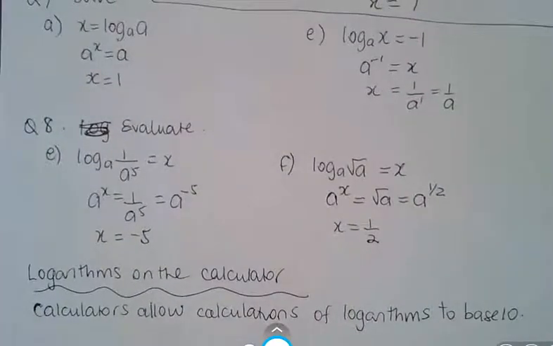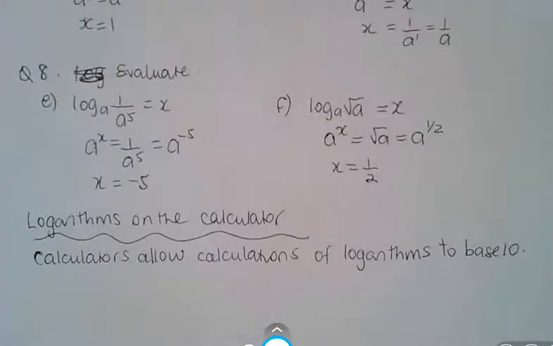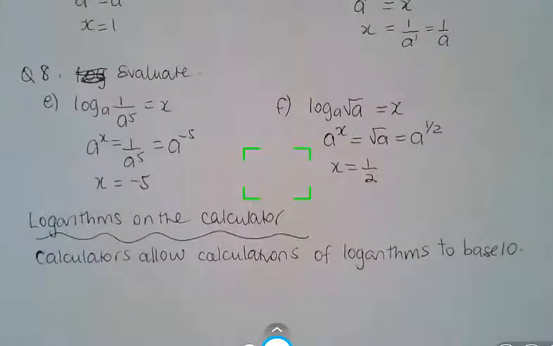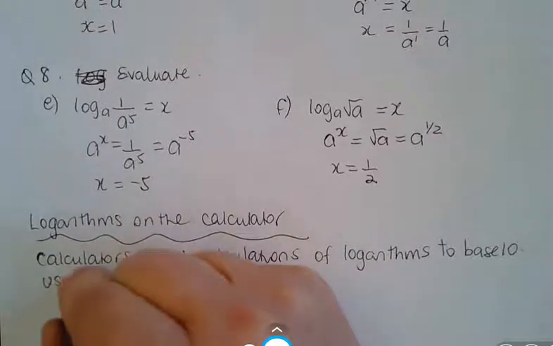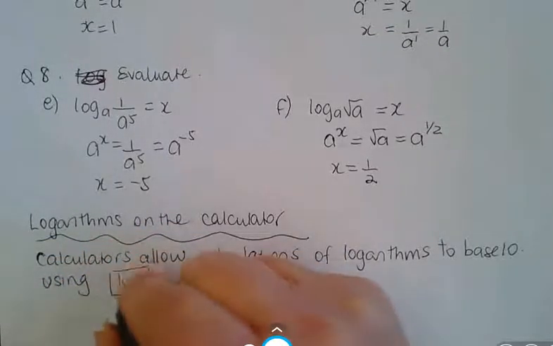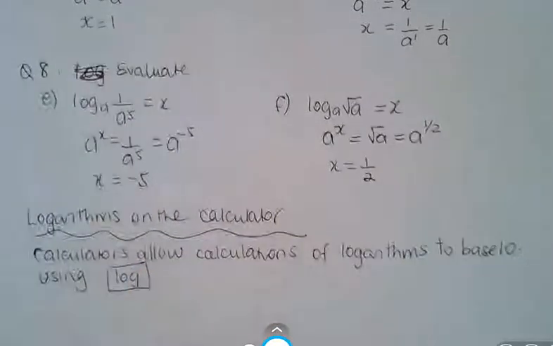Okay, now our calculator and what our calculator can calculate with logs. There are 2 log functions on your calculator, and the one that you will notice first is the log button. The log button on your calculators allows calculations of logarithms to base 10.